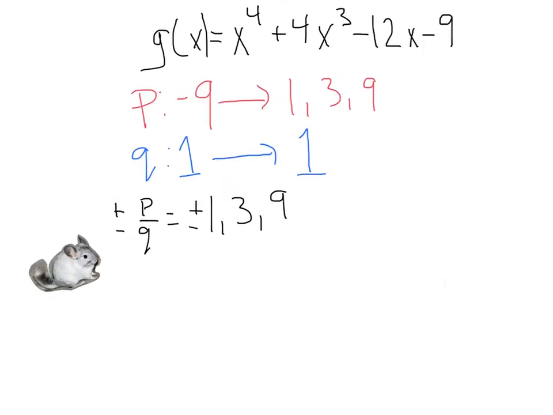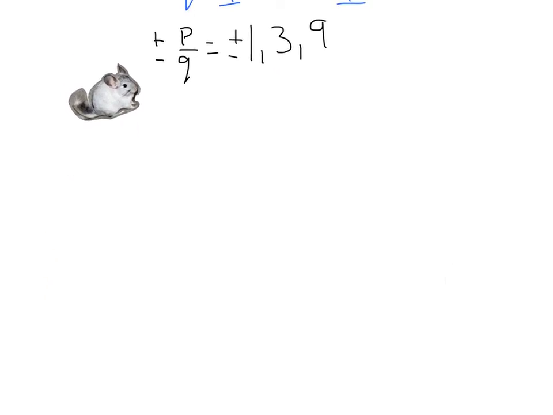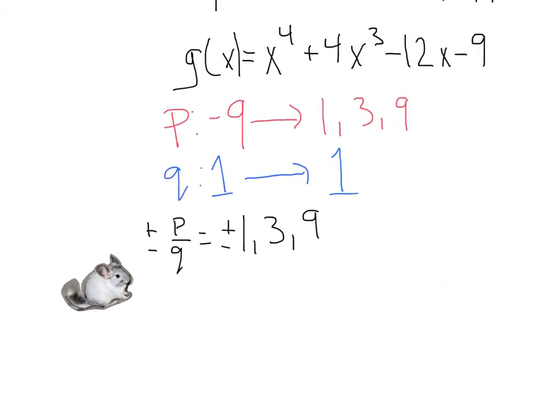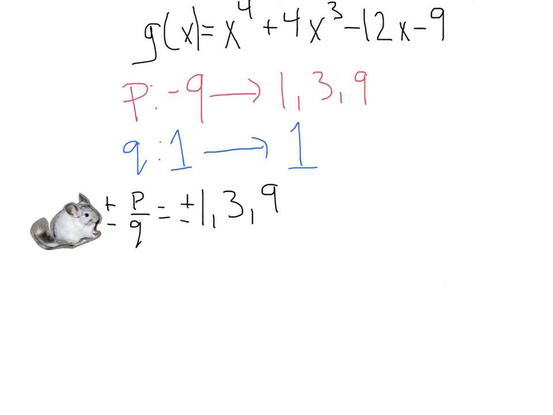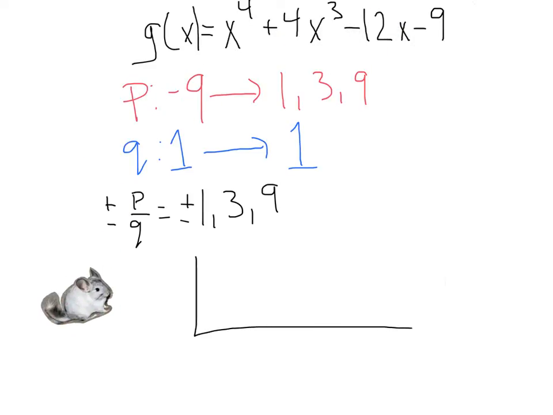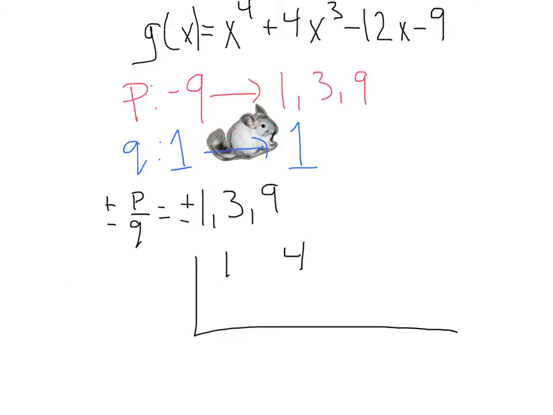So how we're going to test these is we're going to set up a synthetic division problem. I'm going to take all my coefficients from this polynomial and put my little chart here. My coefficients are 1, 4. I don't have an x squared term here, so I need to put 0.